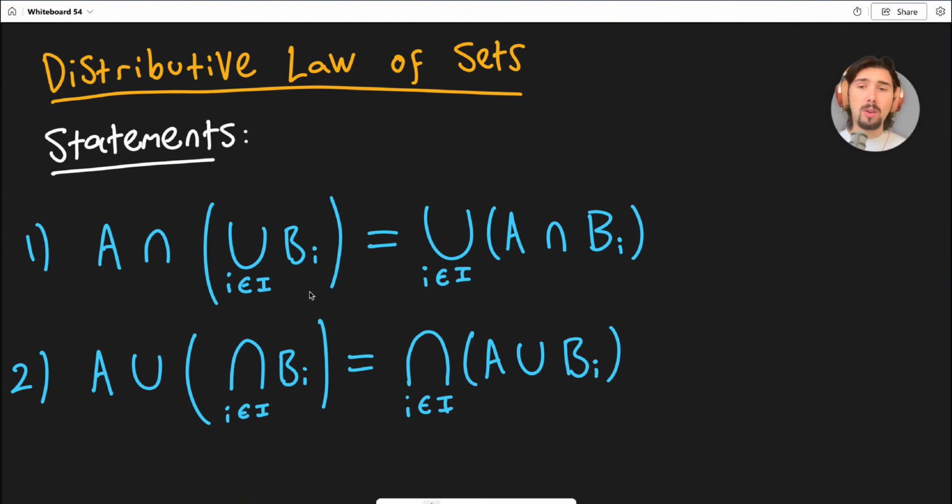It could be finite, countably infinite, or uncountably infinite. So it can be anything. It's very powerful. But if you have this setup, the intersection of A and this union of the B_i's is the same thing as the union of A intersect each B_i. Okay, that's all it says.